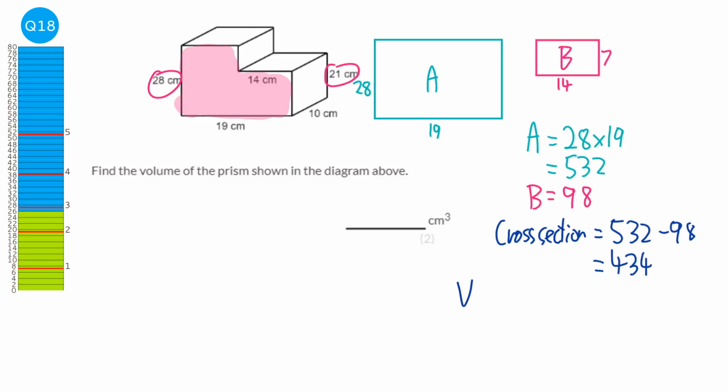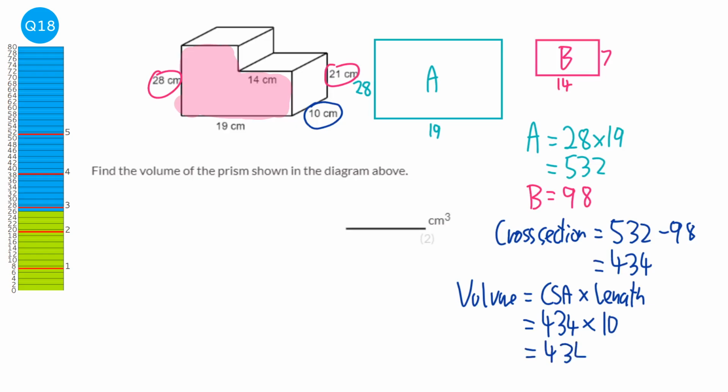Now the volume of any prism is area of cross-section times the length. So our area of cross-section is 434. Our length is basically how 3D the shape is, so it's going to be 10. And so that would be 4,340.